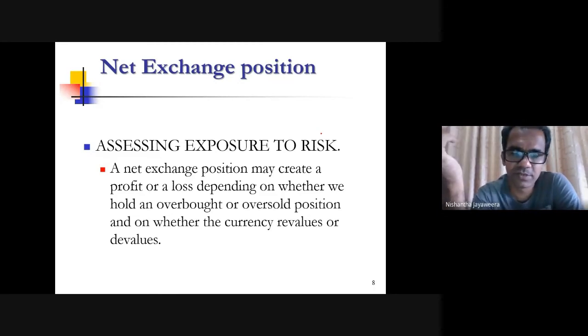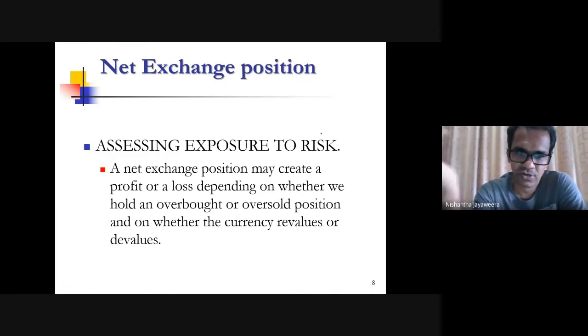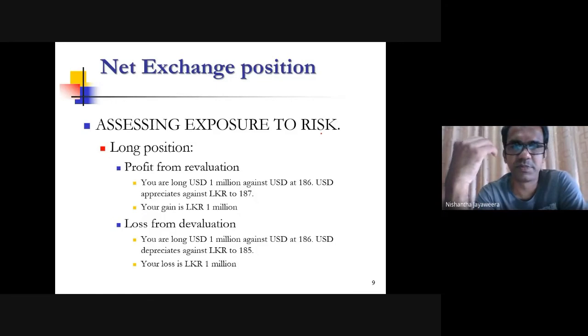If the NOP is positive and that currency appreciates, you make a profit. If the NOP is negative in one currency and that currency depreciates, then you make a loss. So that's the basic I explained earlier.